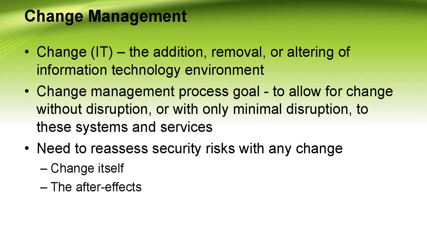Second, standard: pre-approved changes with known low risks that follow the same process each time. Resetting a user password is an example. Third, emergency: urgent changes that need to be implemented as soon as possible.